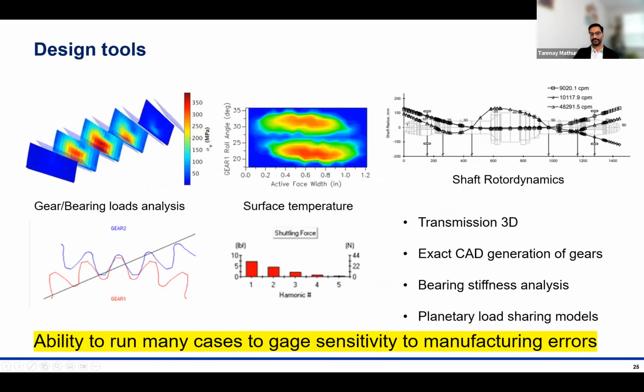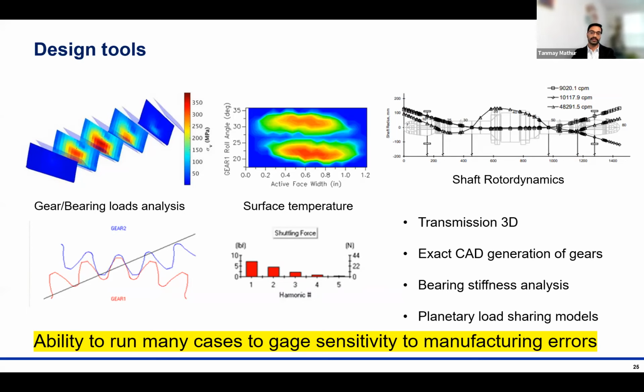Right. Computational design tools for the gearboxes have also come a long way. Today, we can predict the gear contact and bending stresses with much higher accuracy, study the dynamic characteristics, and even run many cases to cover the entire tolerance band from your manufacturing drawing.